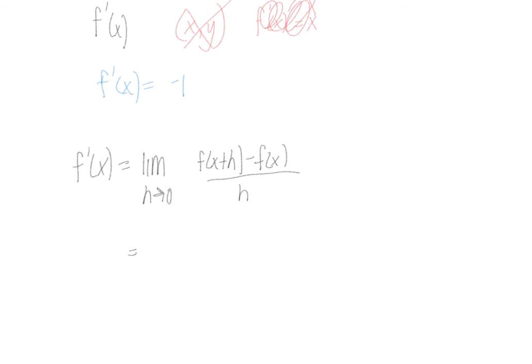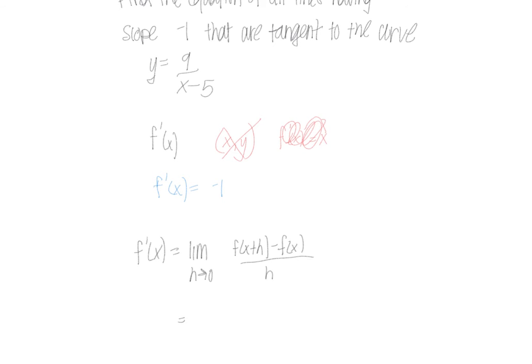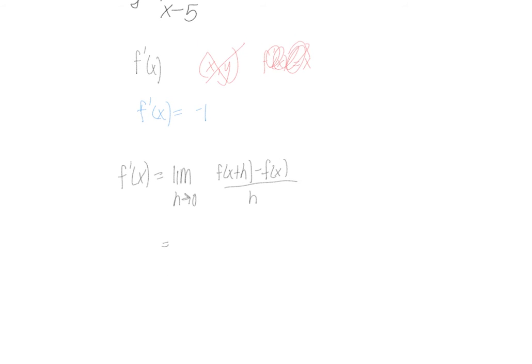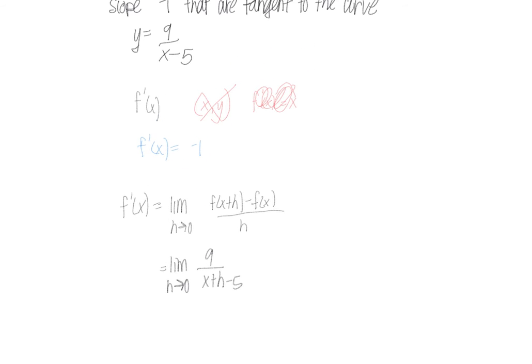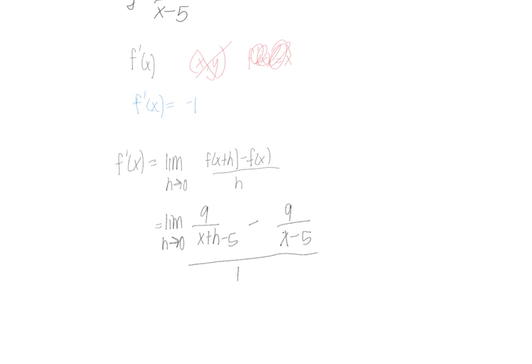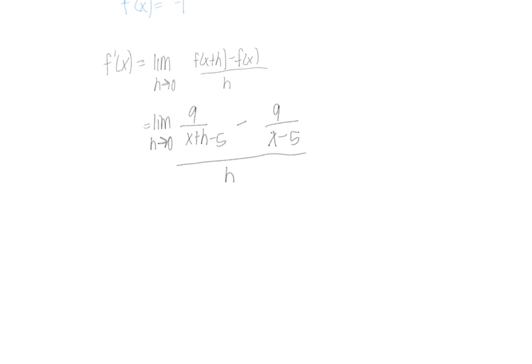So if the function is 9 divided by x minus 5, f of x plus h is 9 divided by x plus h minus 5. Then we have to say minus f of x, all over h.